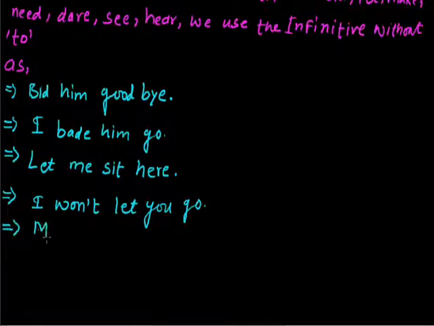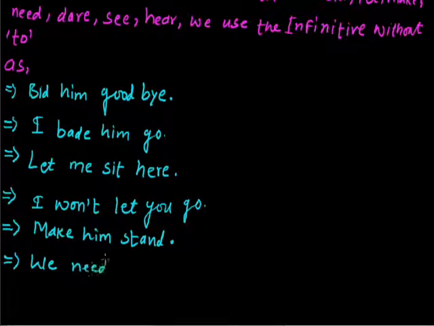Make him stand. I'm not using the word "to" before the verb stand in this sentence. We need not go today. Here also I'm not using "to" before the verb go because here we have used need.